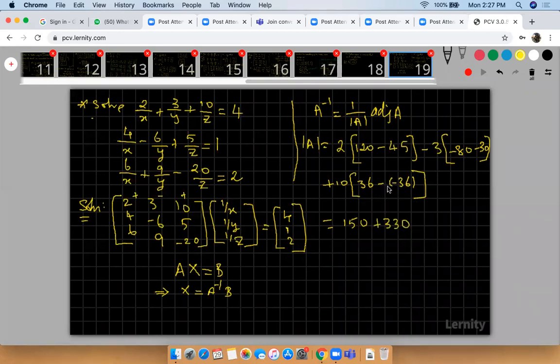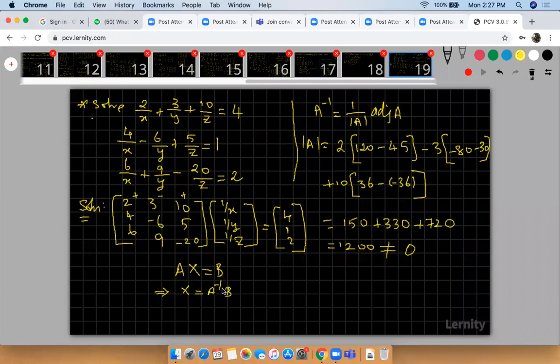This is minus into minus plus 36 plus 36, 72, 72 into 10 is 720. So 150 plus 330 is 480, 480 plus 720 is 1200. And this is not equal to 0. If determinant A is not equal to 0, then A is non-singular. Non-singular means A inverse exists. If A inverse exists, we will get a unique solution.